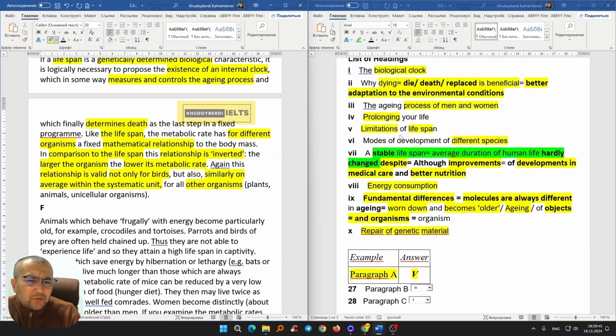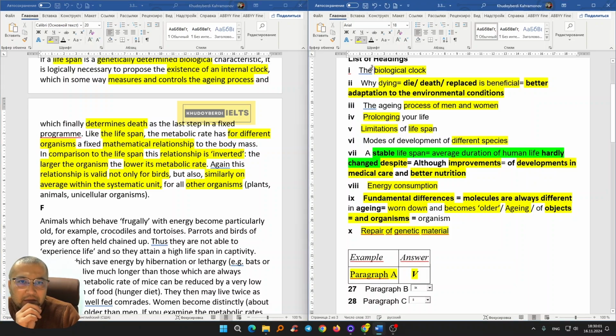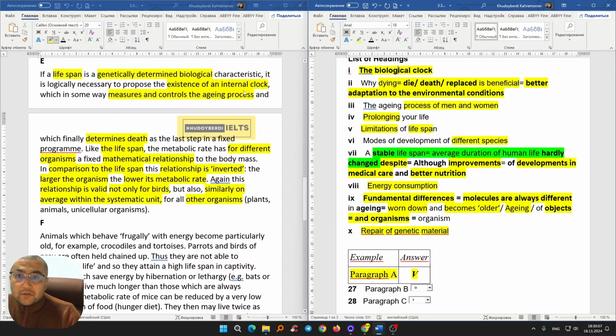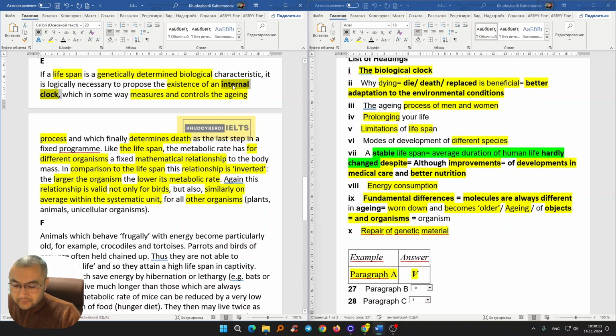So it's not talking about limitations. Still, this heading can be a tricky one. So it's not talking about limitation, but it's talking about biological clock, right? Okay, so it's talking about biological clock. Why? Because we have an internal clock here, right?